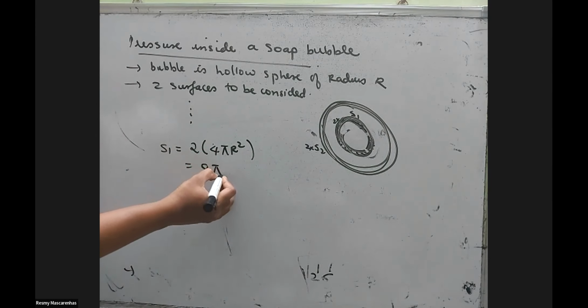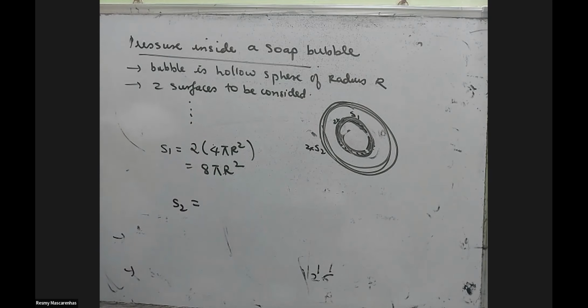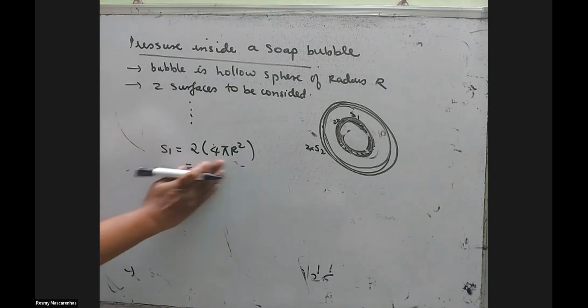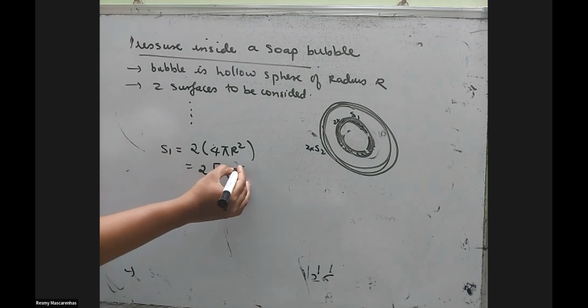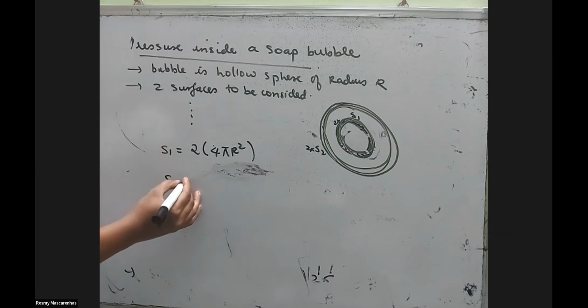So this will be 8 pi r square. S2 will be, or you keep it as 2 times 4 pi r square. And S2 also.